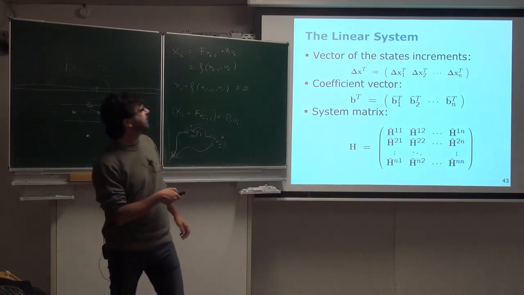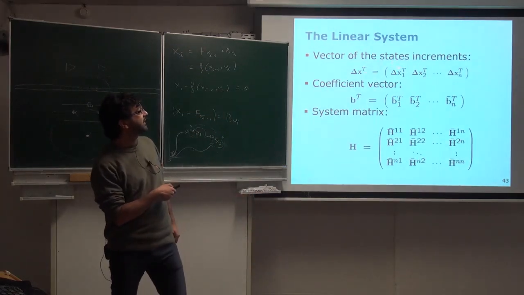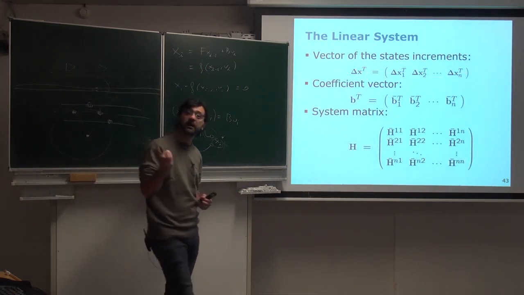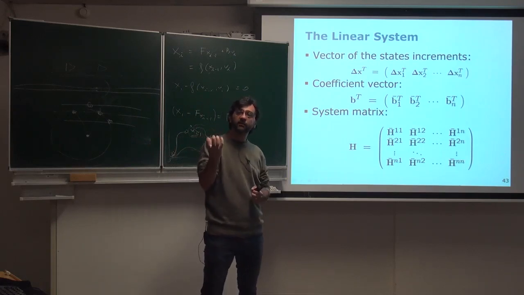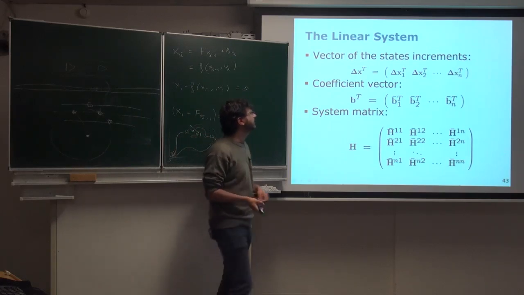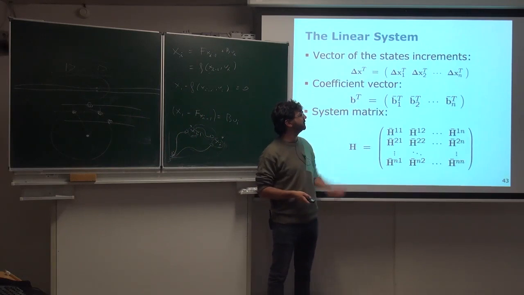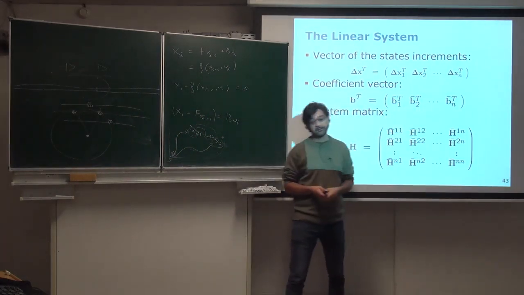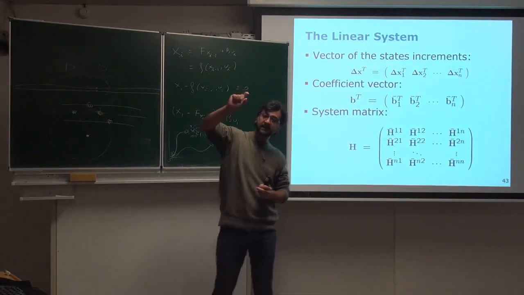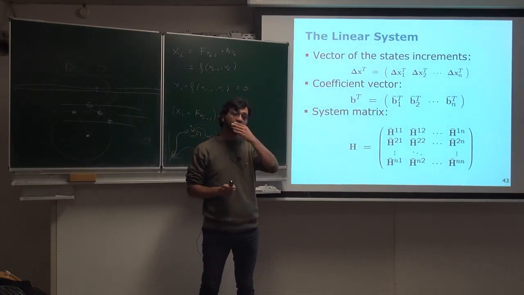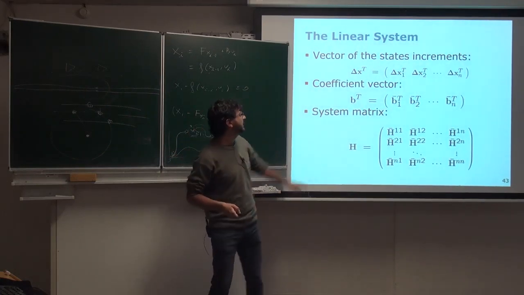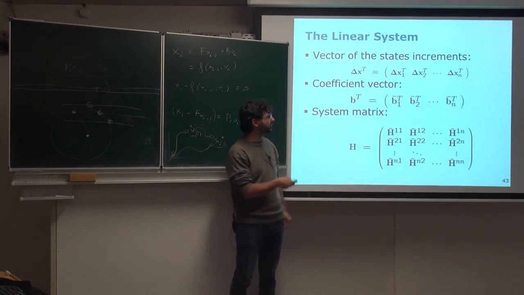This is again how our linear system looks. We have all the increments which we put into a vector, and these are our variables in the linear system. We have our coefficient vector b, which is composed of the stacked elements of each individual measurement, and we have our system matrix, which is composed of the individual blocks of the system matrix.